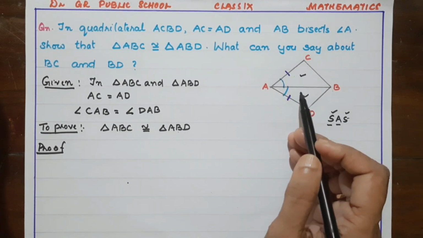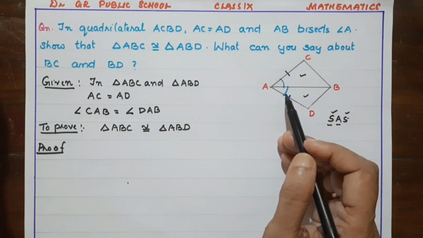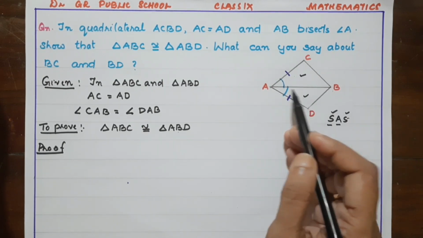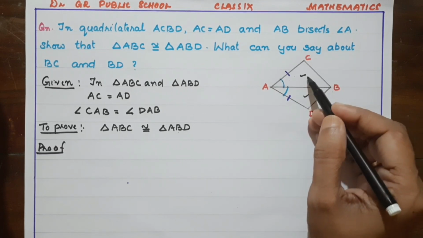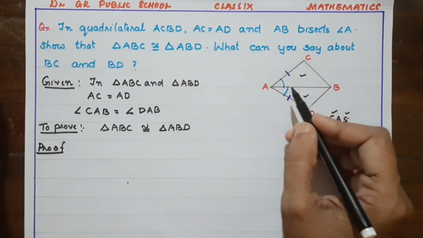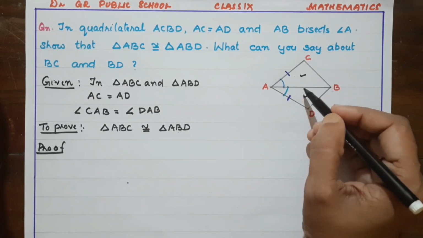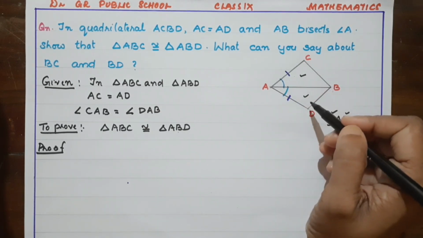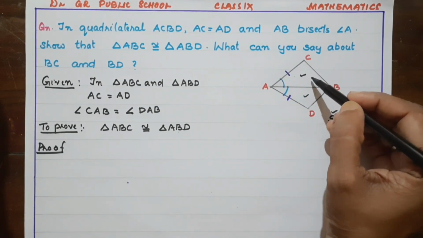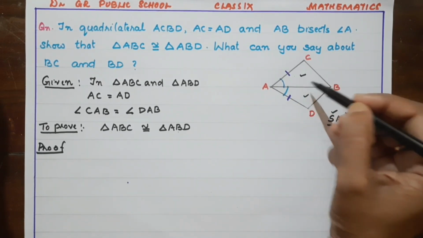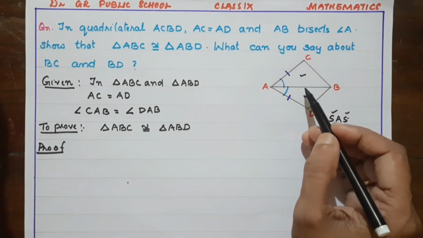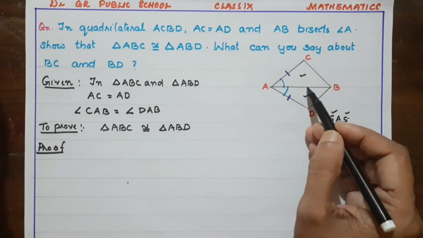Can we say they are equal? Yes, we can say surely that AB for this triangle and for this triangle are equal, because this AB is common for both the triangles. If AB is 4 centimeters, in the first triangle it is 4 centimeters, and for the second triangle also it is 4 centimeters. So we can say AB is equal to AB.